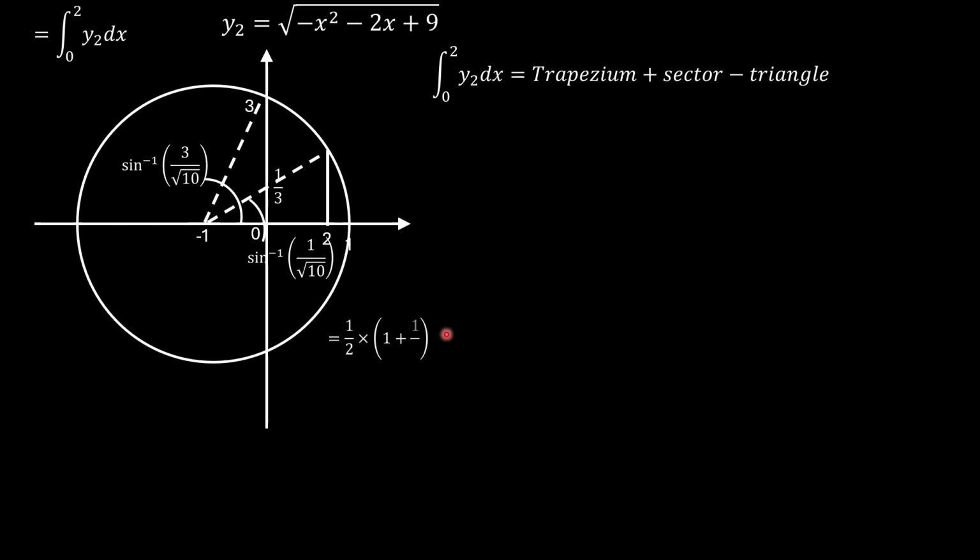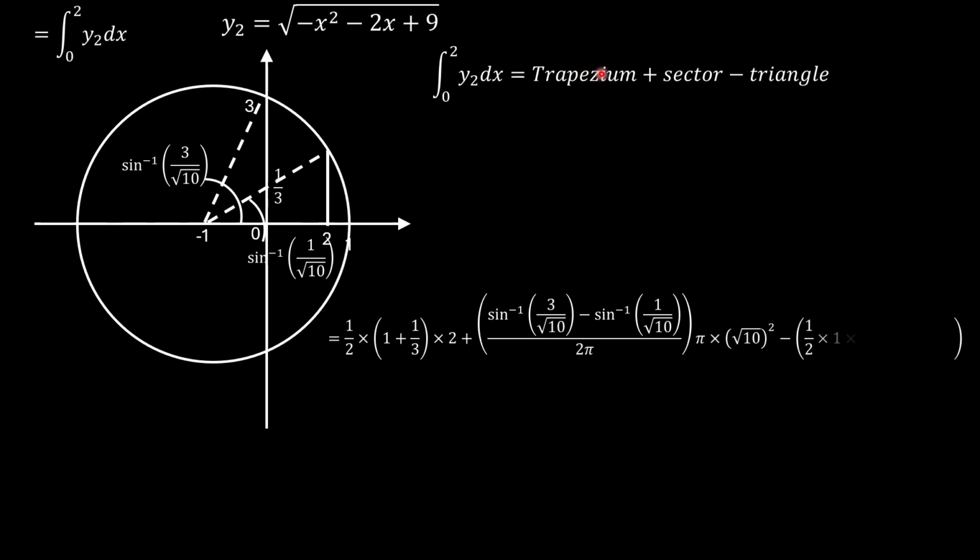Anyway, the area of the trapezium is a half times a plus b times height, which is a half, and from here to here is 1, from here to here is a third, times the height, which is 2. Then the area of the sector is this total angle from here to here, which is arcsine of height 3 over hypotenuse root 10.